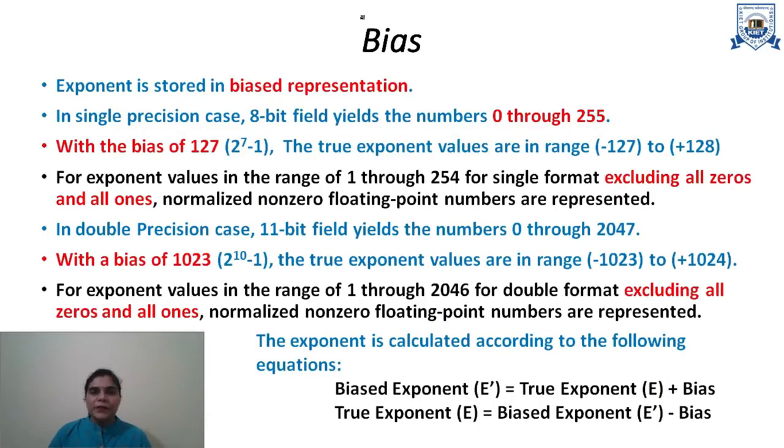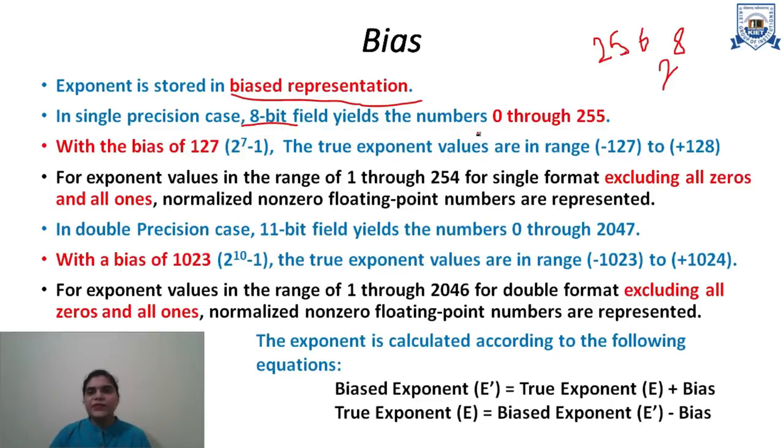So bias, as we have discussed, the exponent is stored in biased representation. In single precision, 8 bits are used for the biased exponent. 8 bits can represent a total of 256 values, as 2 to the power 8 equals 256.